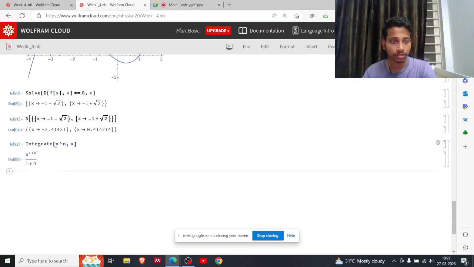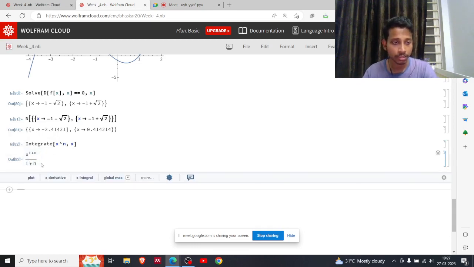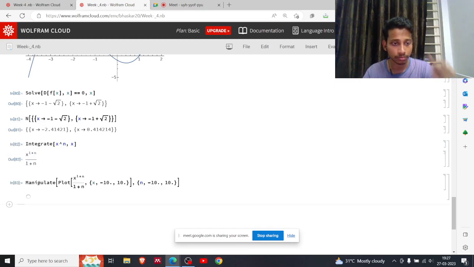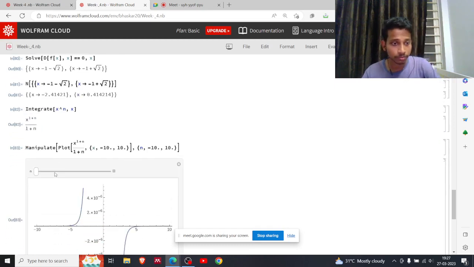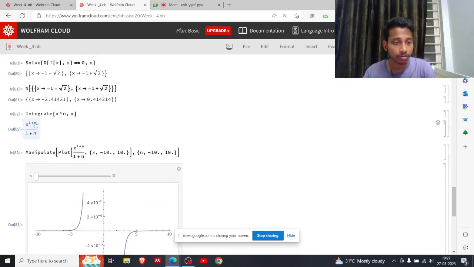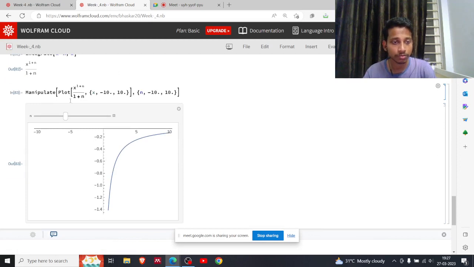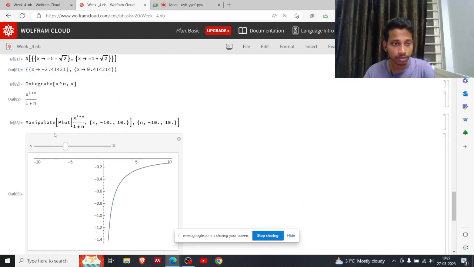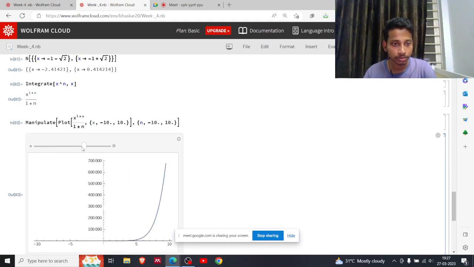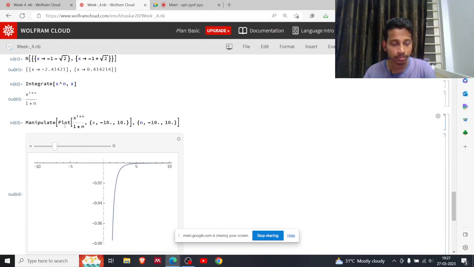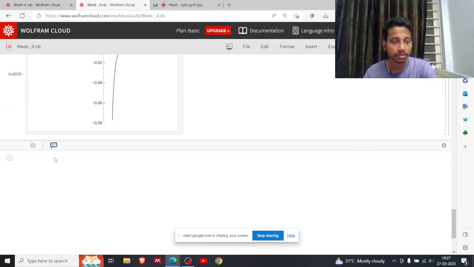This is the integration of x to the power n, that is x to the power 1 plus n by 1 plus n. So now I am going to manipulate the value n from -10 to 10 and plot this function. Here you can see that the plot graph is changing.